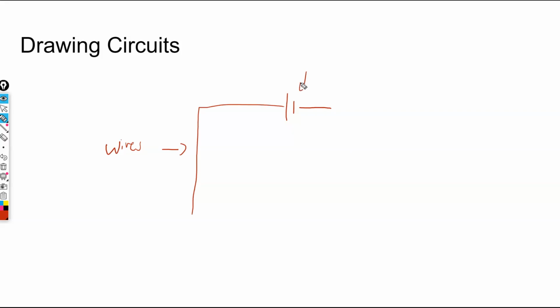This is usually going to be a battery or a cell, but most of the time it'll be a battery. This is where your power comes from. The larger line symbolizes the positive end of the battery, and the smaller line represents the negative end of the battery. If you see this symbol, it means battery.